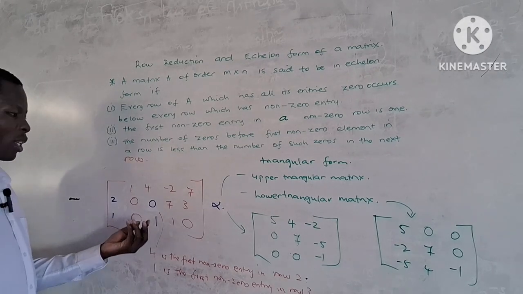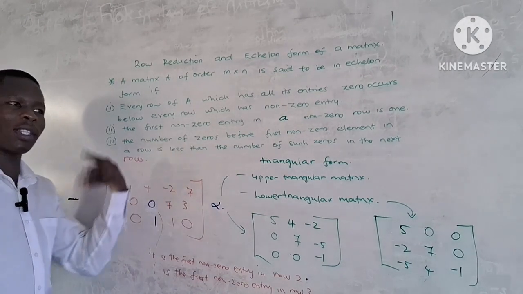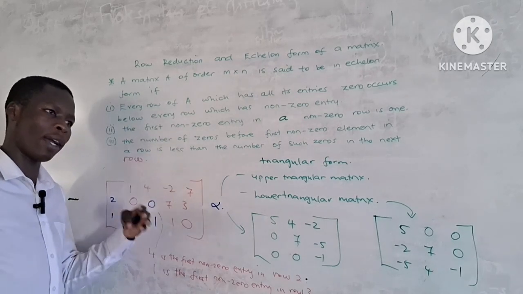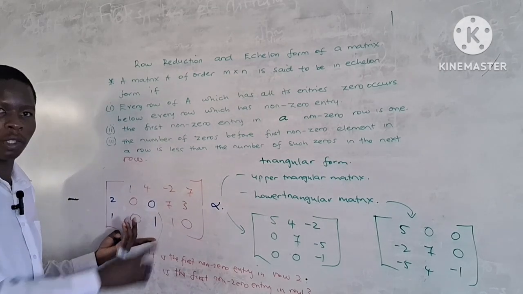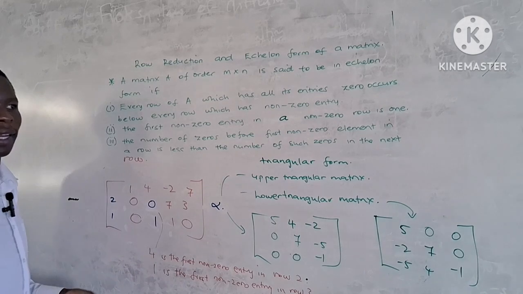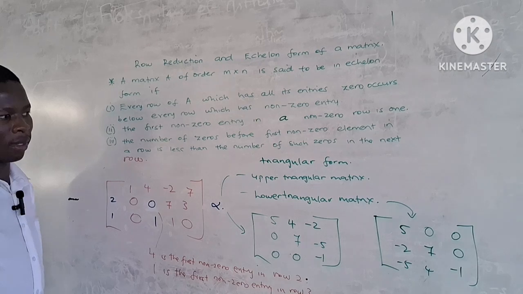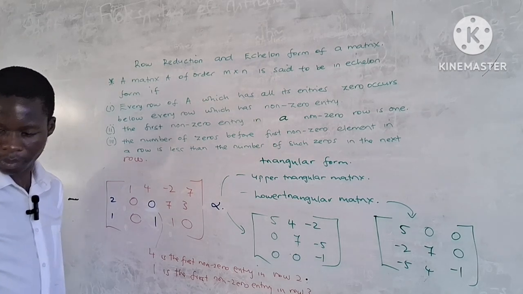So now you are opposing this condition. The number of zeros in the previous row is now bigger than the number of zeros in the next row before the non-zero entry. You are supposed to understand what these conditions are.